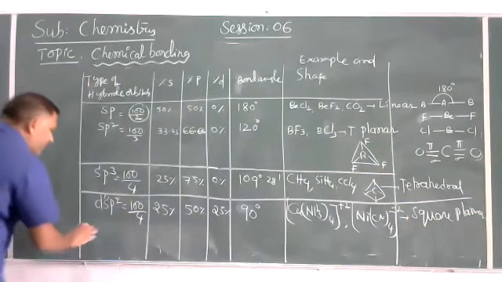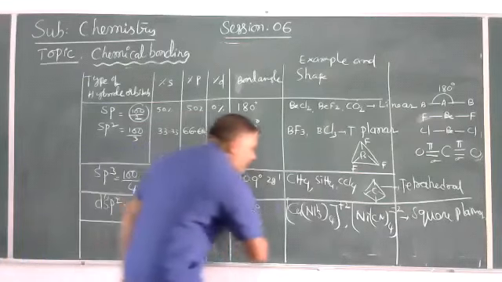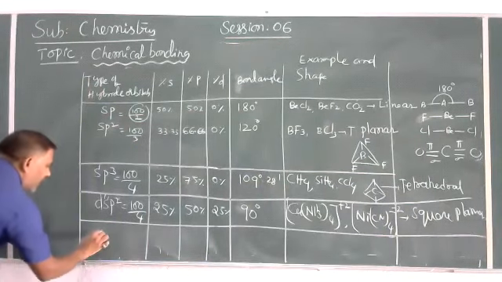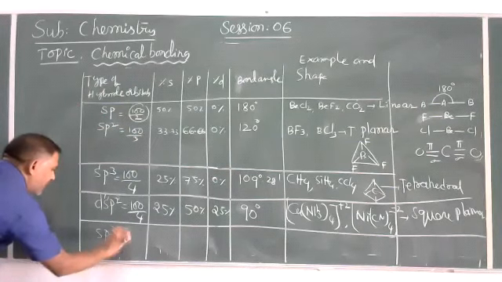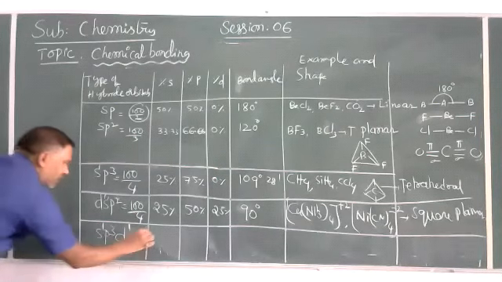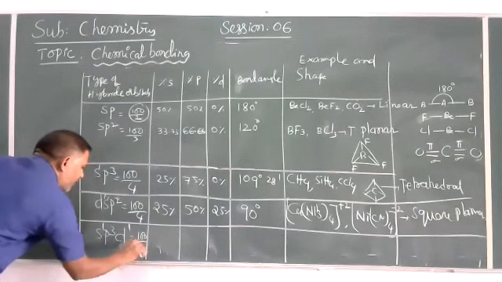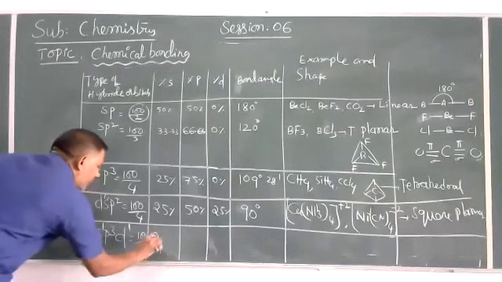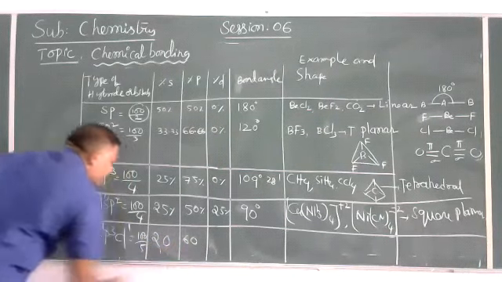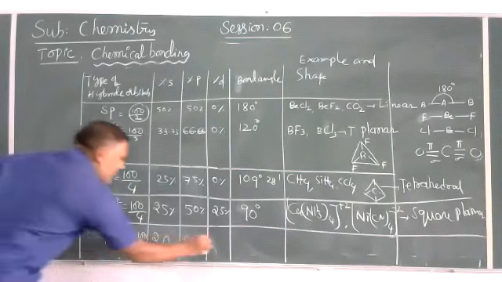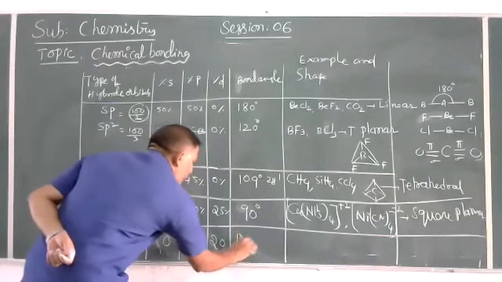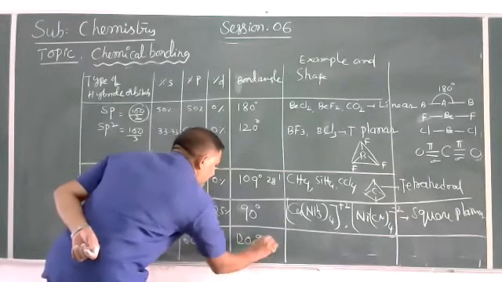Similarly, one more important example is sp3d, where d1 is there. Here 1 plus 3 plus 5 orbitals, so 100 divided by 5, each one is 20 percent. Here p is 60 percent, as 3 are there, and d is 20 percent. There are two bond angles, 120 and 90 degrees.